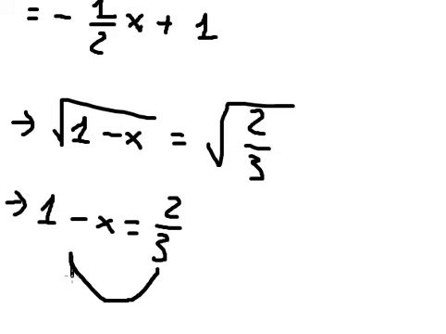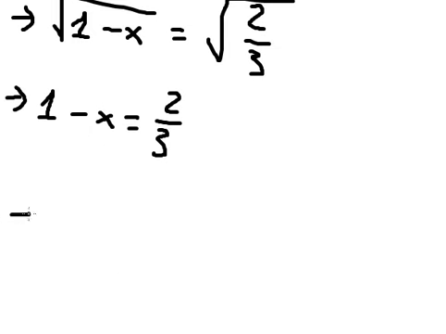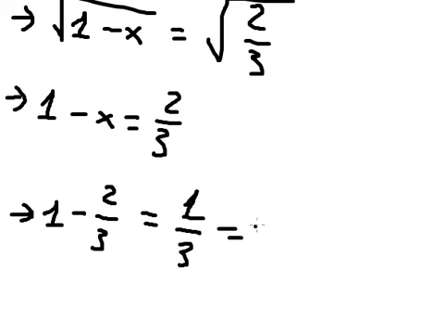And I will put this one in here. Negative s goes to the right. And this one we have 1 over 3. So we have s equals 1 over 3.